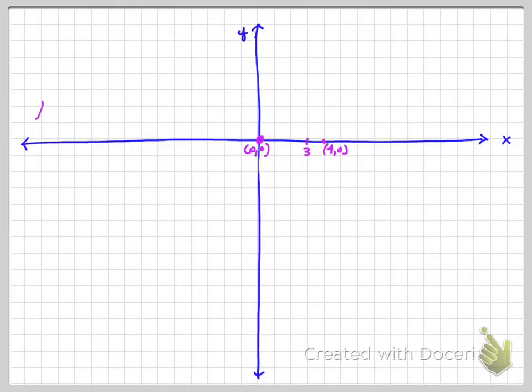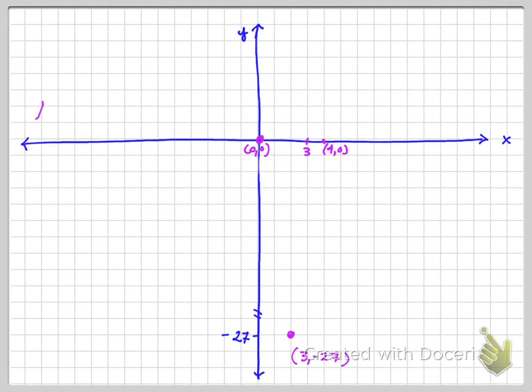since my chart's not going to go down that far, what I'm going to do is make a little break in the y-axis, and I'm going to make this 27 negative. So that point is going to be right here. Okay, so I'm going to put in that point (3, -27).